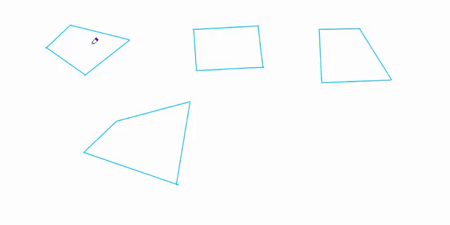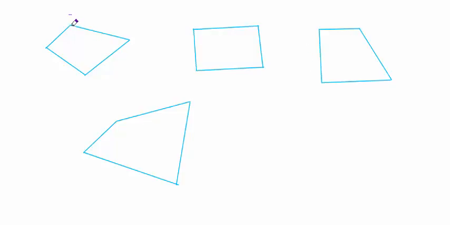Let me just draw a few quadrilaterals. All these shapes qualify as quadrilaterals.